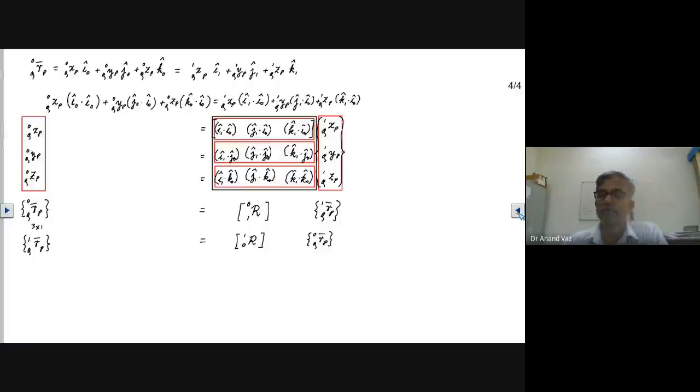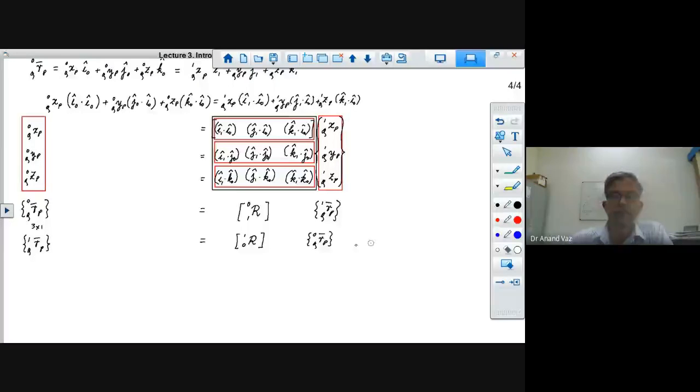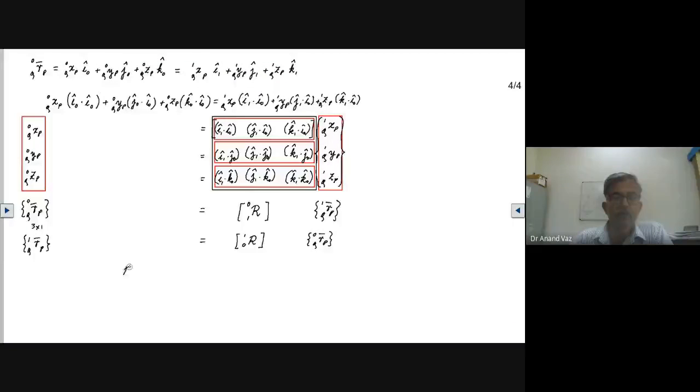And we can see here that R0 to 1 is actually just the inverse of R1 to 0.